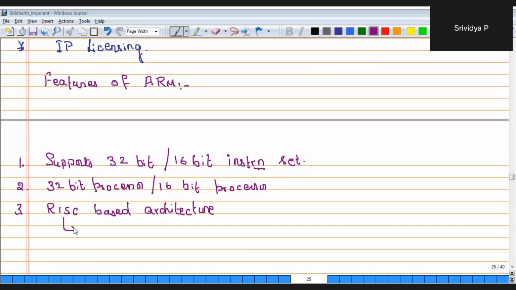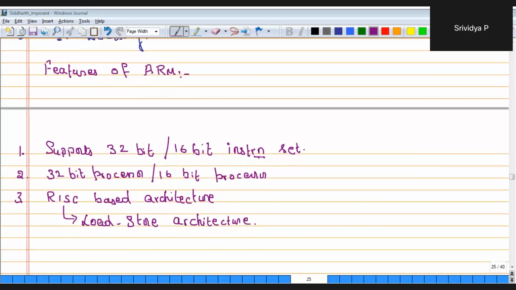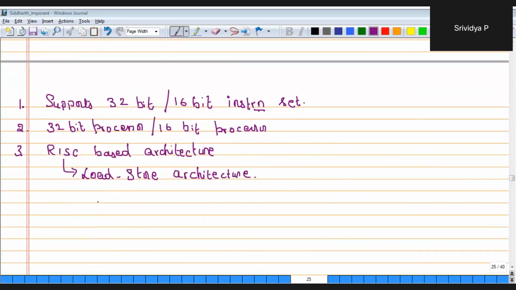Since it is a RISC-based architecture, it follows load store architecture. Now, going into load store architecture, if there is an instruction in memory, the ARM processor will not take the data directly from memory, execute it, and store the result back into the memory.